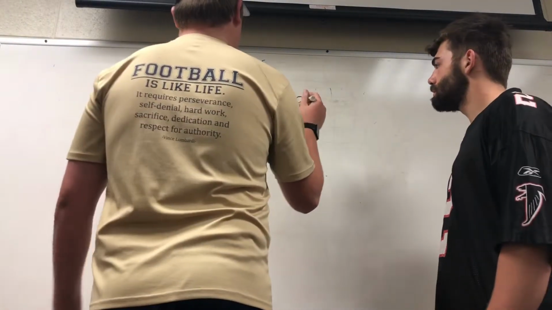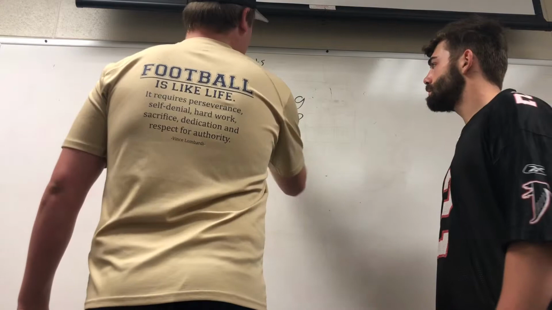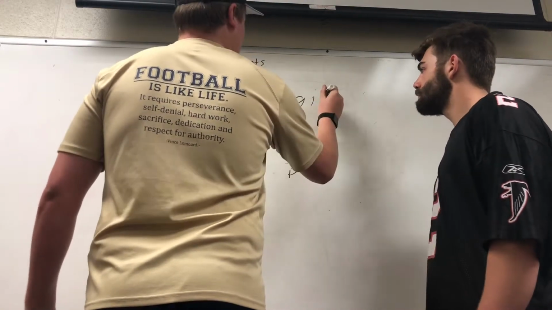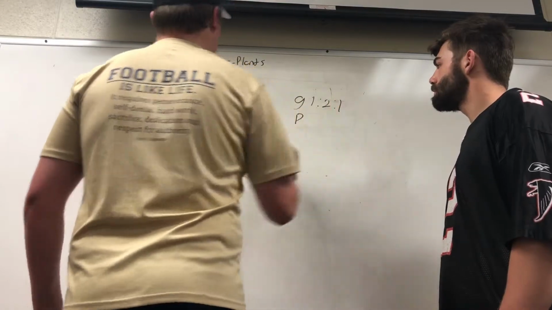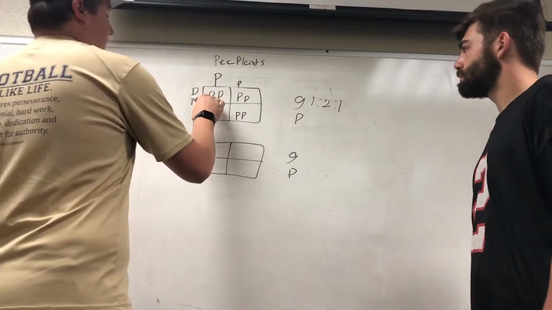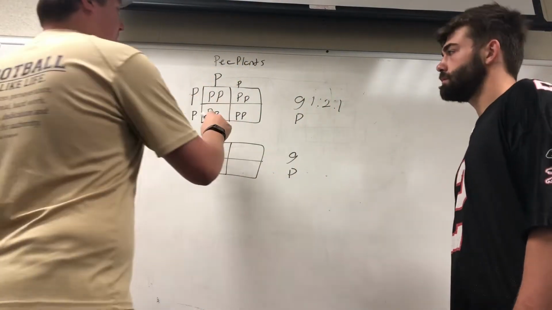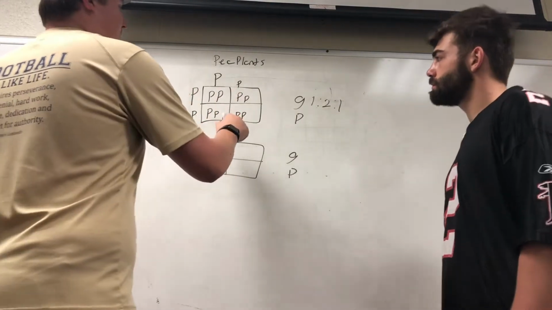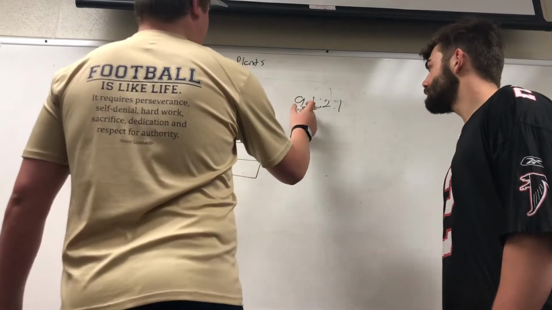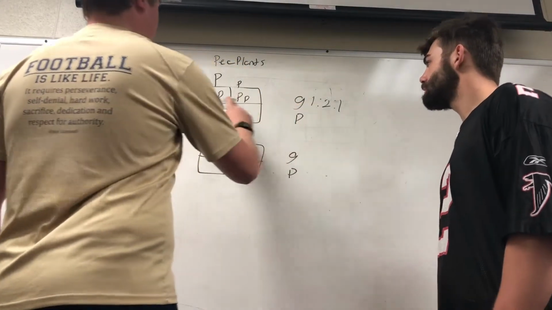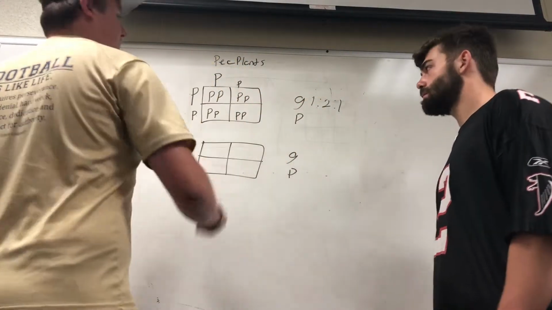Now, the genotype of this is going to be 1 to 2 to 1, because we have three different genotypes here. We have a full dominant homozygous, we have a heterozygous, and then we have a homozygous recessive. So that shows the 1, the 2, and the 1.